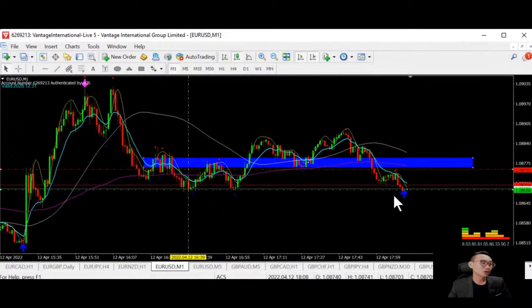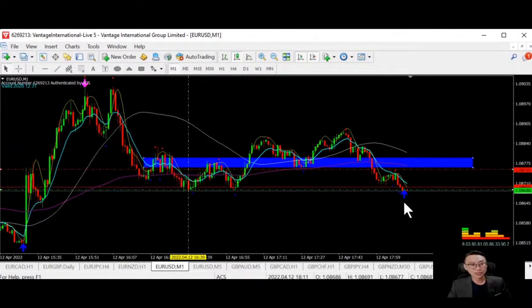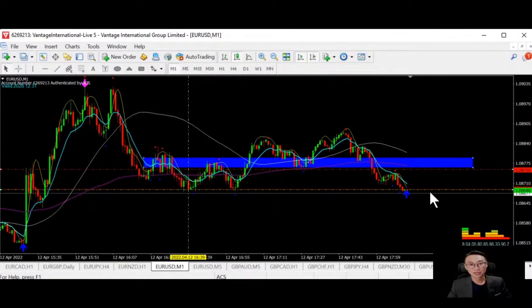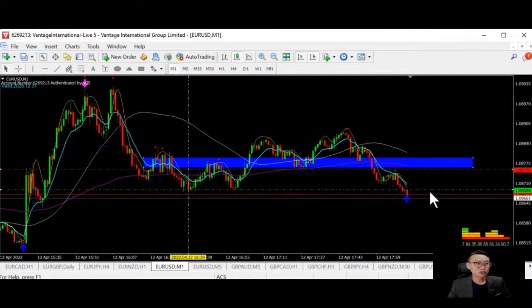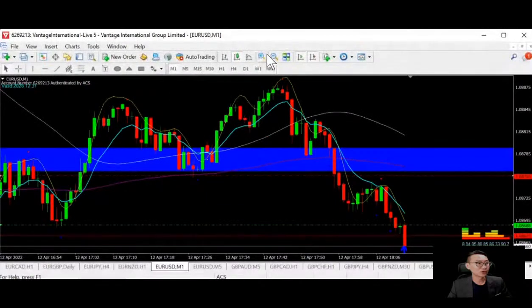So what is this sign? It's a sign of breaking the support level. Okay, so of course, looking at this now, finally it starts to drop.